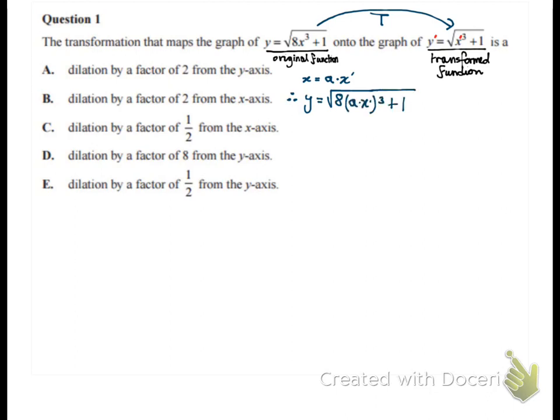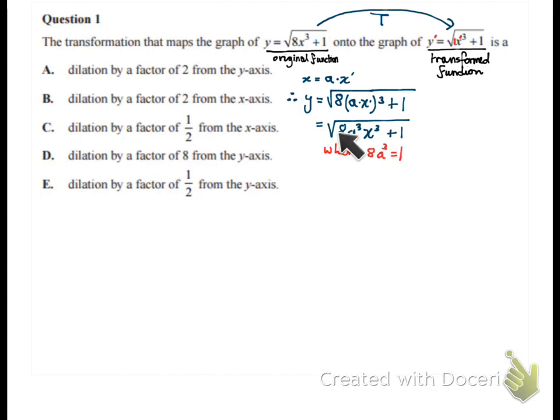And if I substitute that into the original function, then when I apply the power of 3, I'm going to have this 8 times a cubed as an overall factor. Now, this is the structure of the transformed function, which is the same as this.